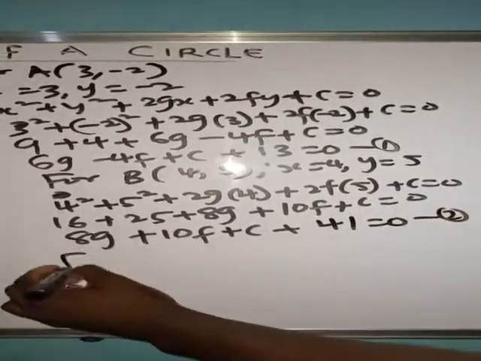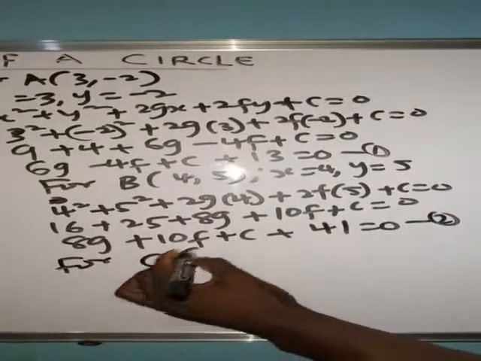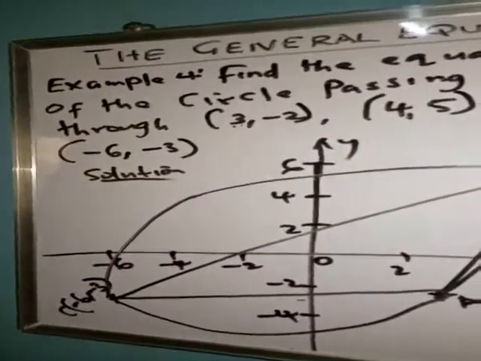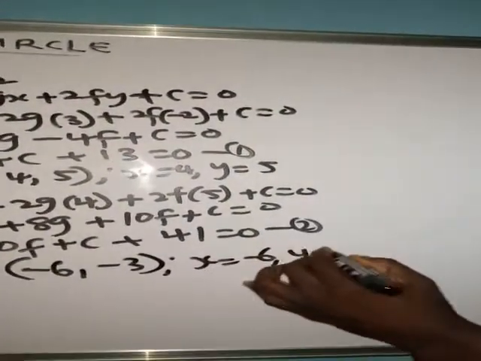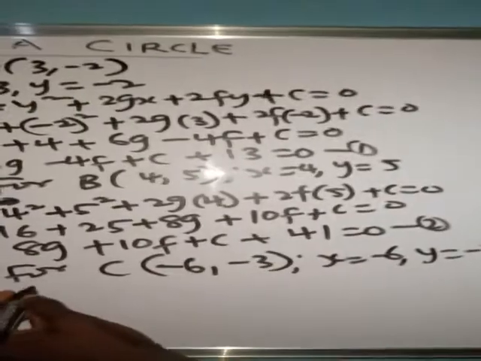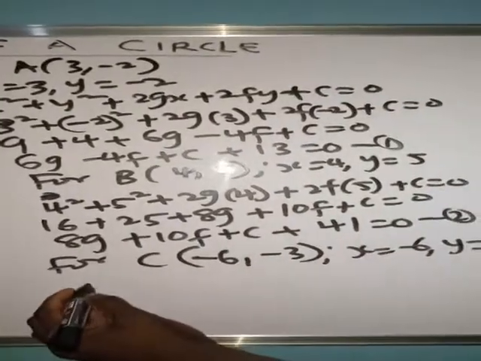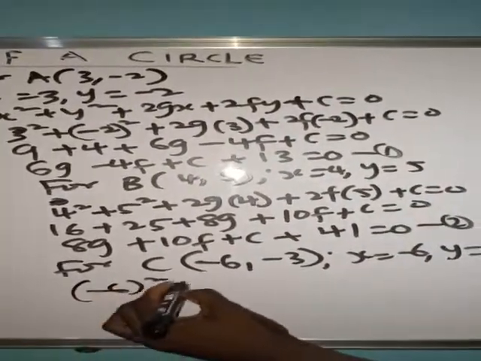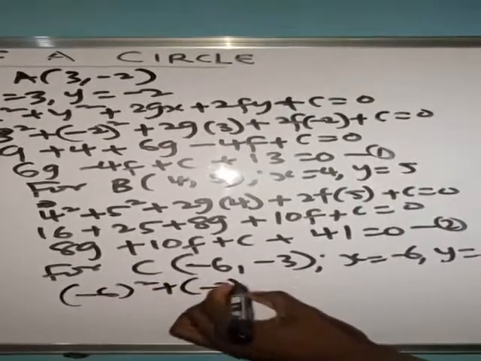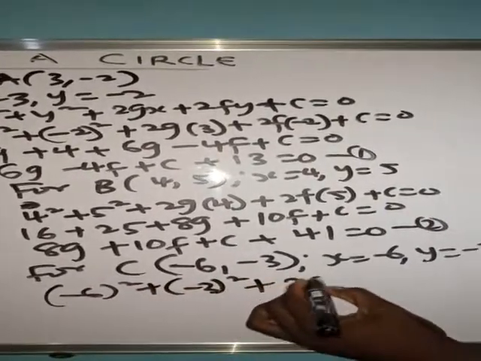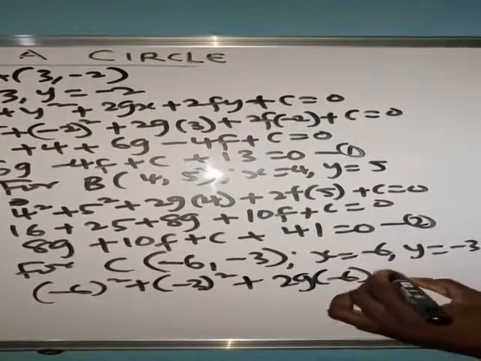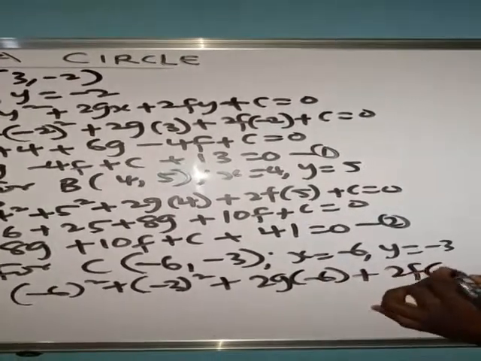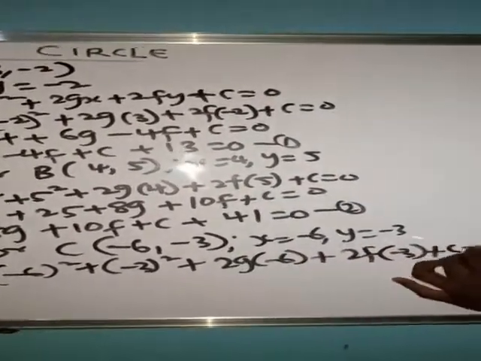And for point C, C says minus 6, minus 3. That means that x is minus 6 and y is minus 3. So we have x squared, that is minus 6 squared, plus y squared, minus 3 squared, plus 2gx, x is minus 6, plus 2fy, y is minus 3, plus c is 0.